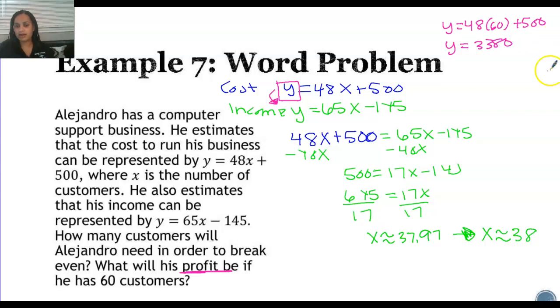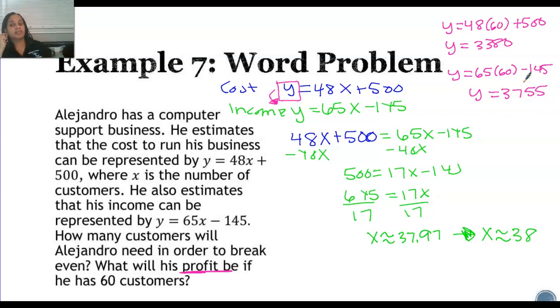And so let's find the income from serving 60 people. So I'm plugging 60 into the second equation. For that, I got 3,755. So the 3,755 represents the income from serving that many people, but the 3,380 represents the cost of his shop to serve that many people.